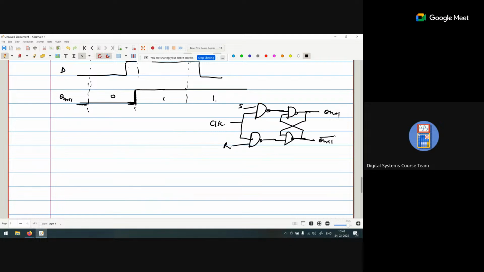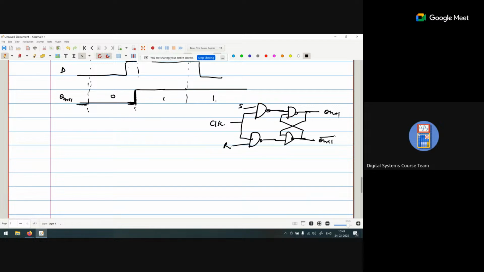You remember this diagram? So, a clock signal is required for the entering of the input signal. When the input signal is entered, no clock is particularly required to get the output.